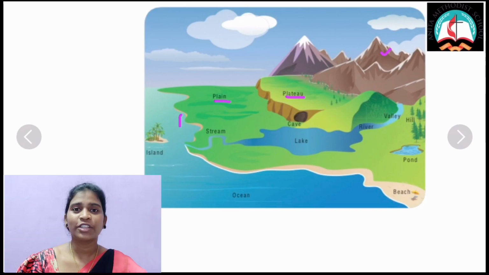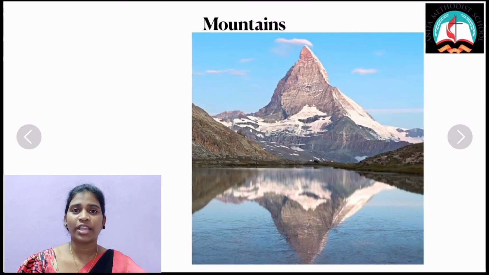The only difference that you can see there is correct, height difference. So the plains, the plateaus and the mountains are differing in height. So today we are going to learn about all these three landforms in detail.